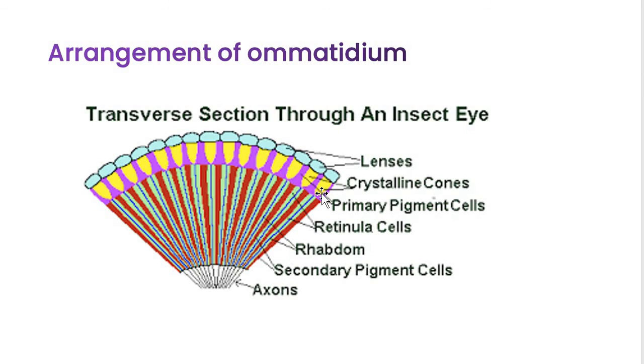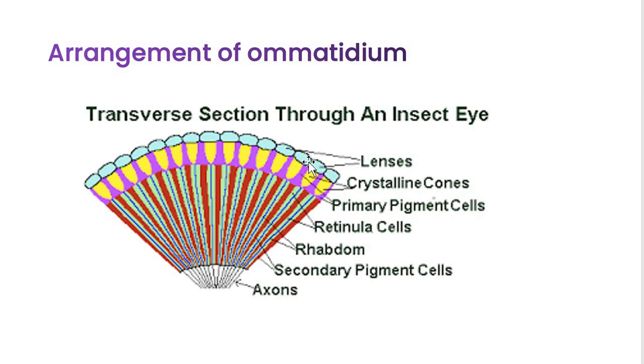The cornea is the outermost part of the ommatidia, and it is a transparent, colorless, biconcave modified cuticular area, which is often termed facets or lenses. So the first layer is the cornea, also called the lens, followed by a second layer, the corneagen cells.